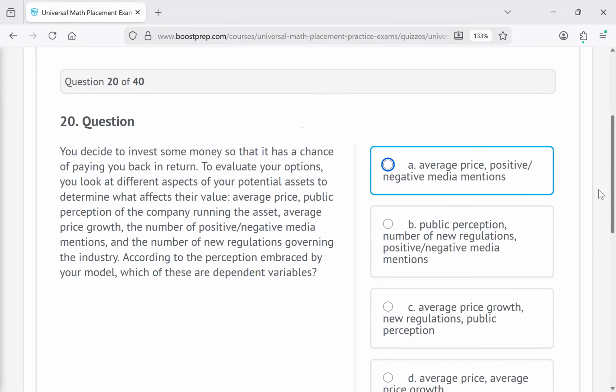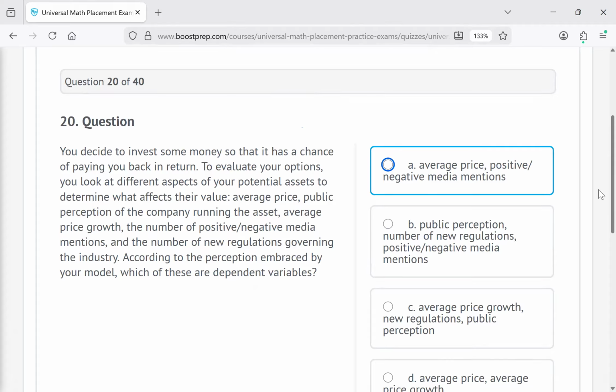Question 20. You decide to invest some money so that it has a chance of paying you back in return. To evaluate your options, you look at different aspects of your potential assets to determine what affects the values: average price, public perception of the company, average price growth, the positive/negative function, and the number of new regulations governing the industry. According to the perception embraced by your model, which of these are dependent variables?